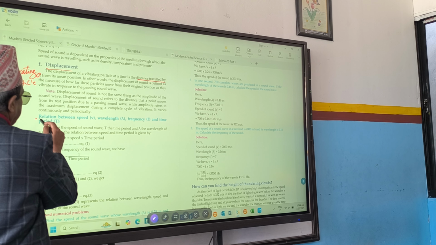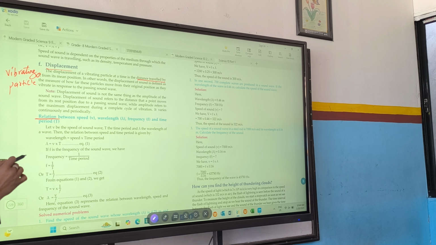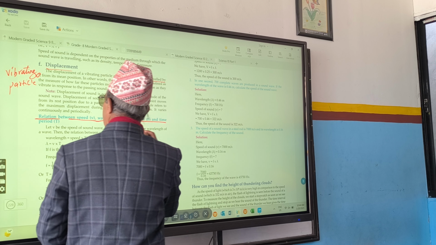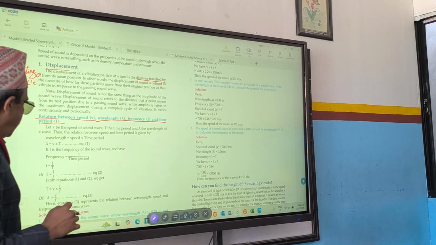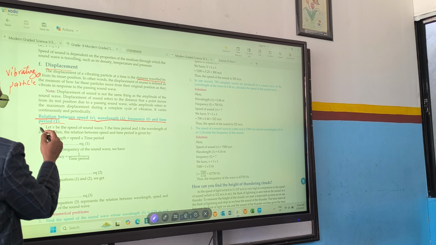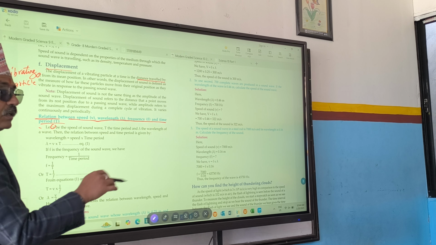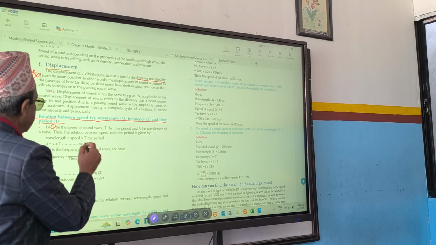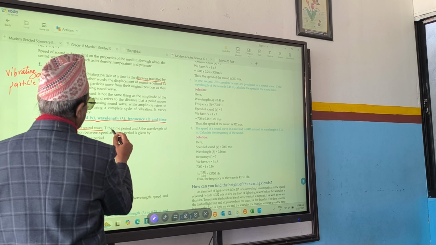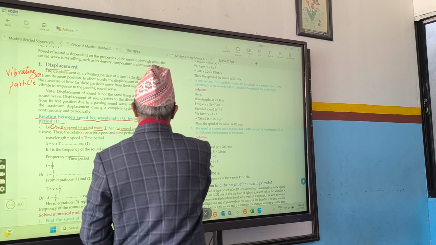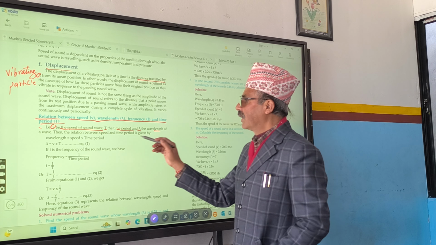What is the next heading? Relation between speed, wavelength, frequency and time period. Underline this also. Let V be the speed of sound wave. T is the time period, lambda is the wavelength.